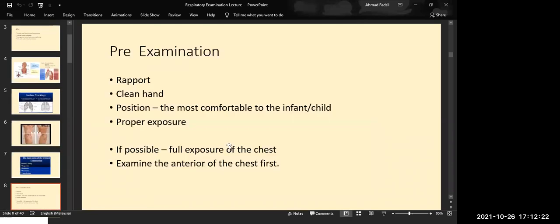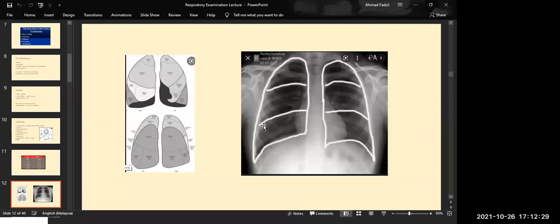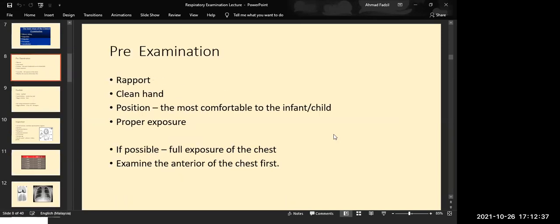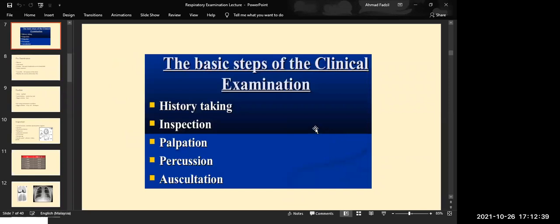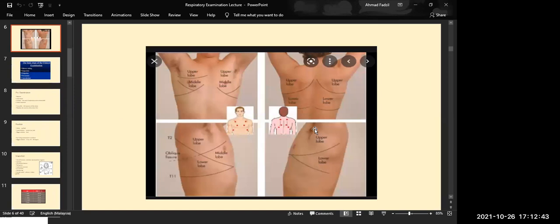And then you know what the lobe is, but the other thing you must understand that when you examine, you always remember the upper zone, mid zone, lower zone. We talk about that later. So when you understand the anatomy, it gives you some ideas. Whenever you touch your patient at the chest, you know which lobe is involved.